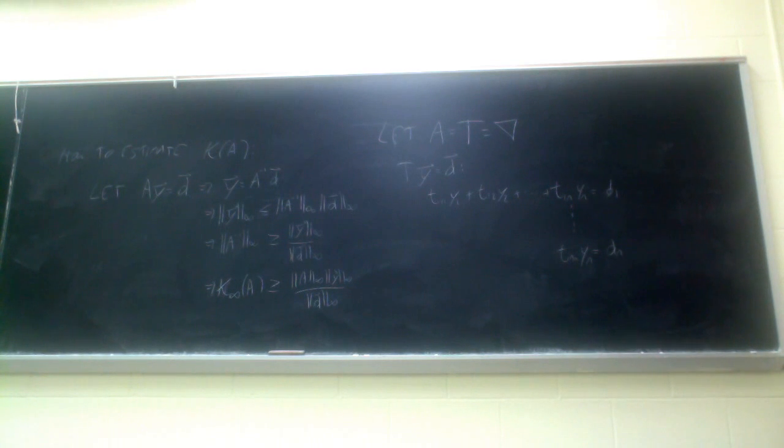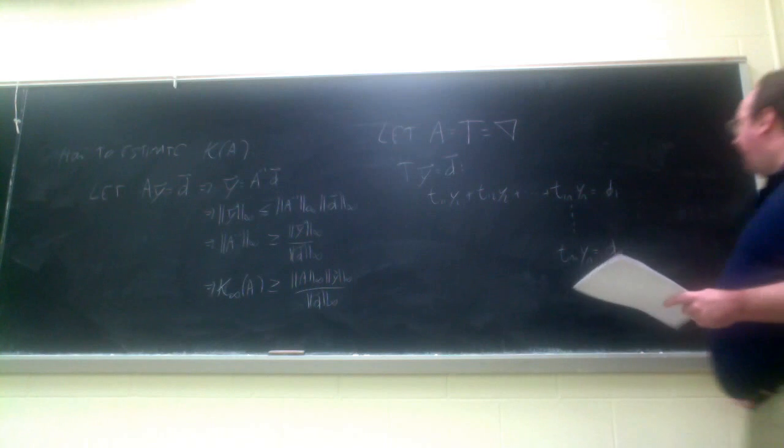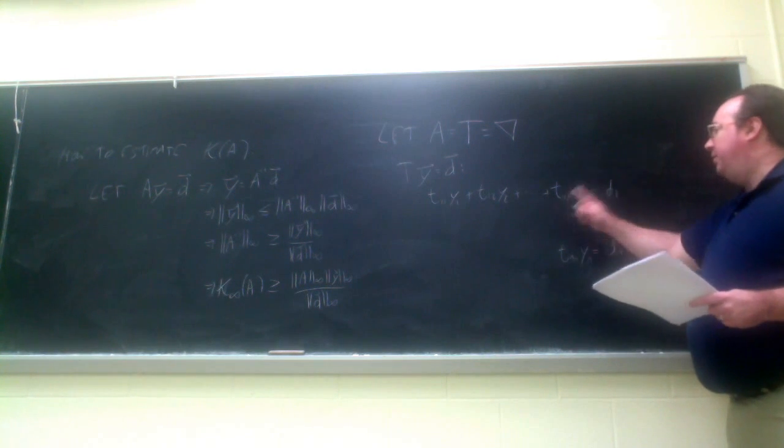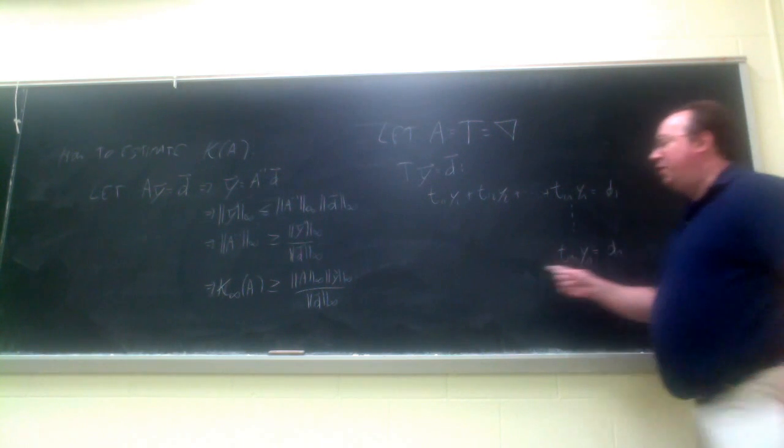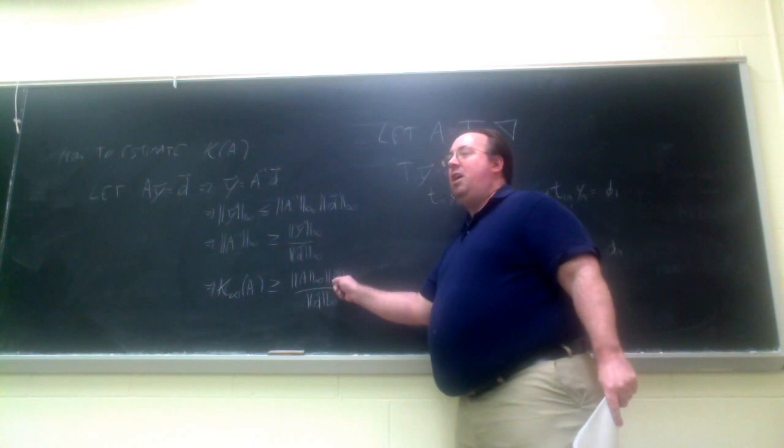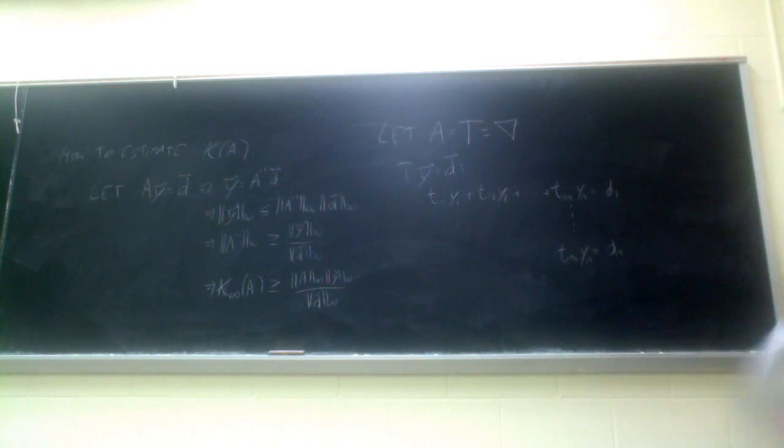The idea is we're going to choose the elements of d to all be plus or minus 1 in such a way as to make the elements of y as large as possible. We want to drive up the norm of y as much as we can.